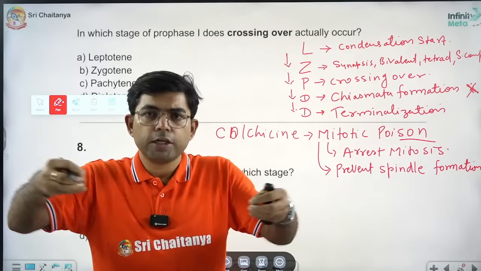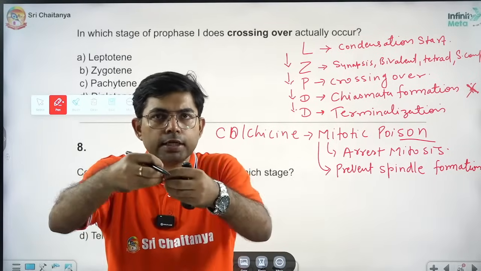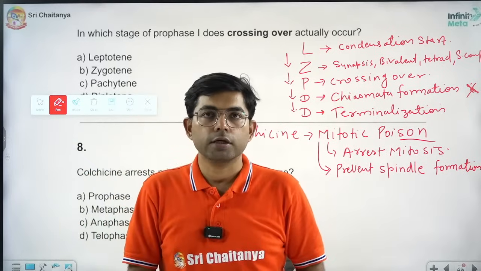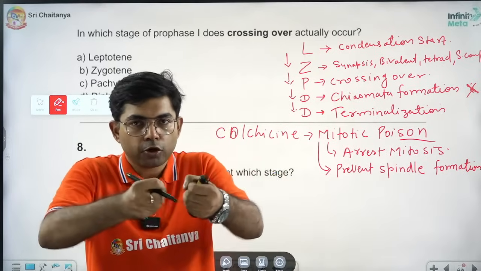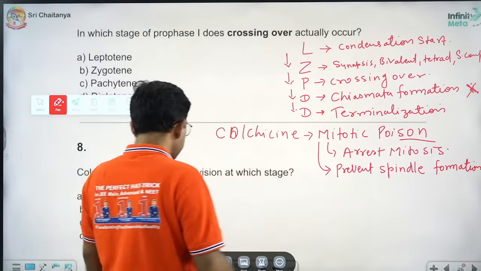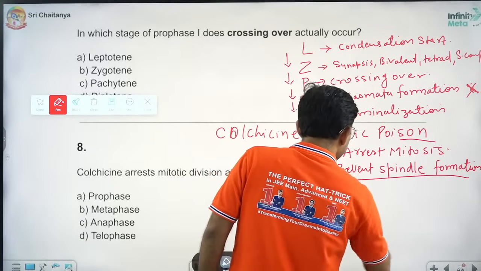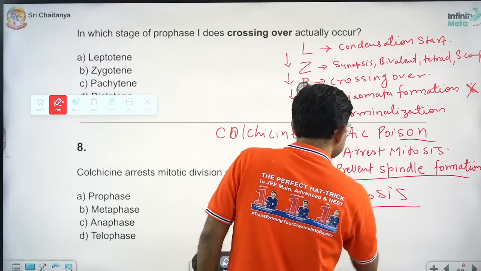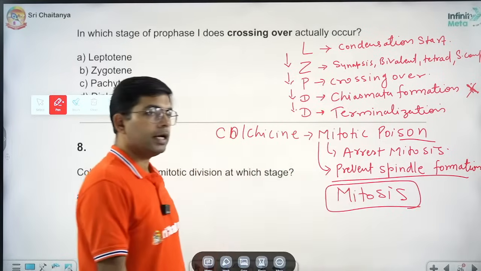Usually the spindle should elongate and contract, but all those changes in the spindle fiber are blocked, due to which the chromosomes will not be able to segregate. And this happens in mitosis, and that is why it is called mitotic arrest, right?